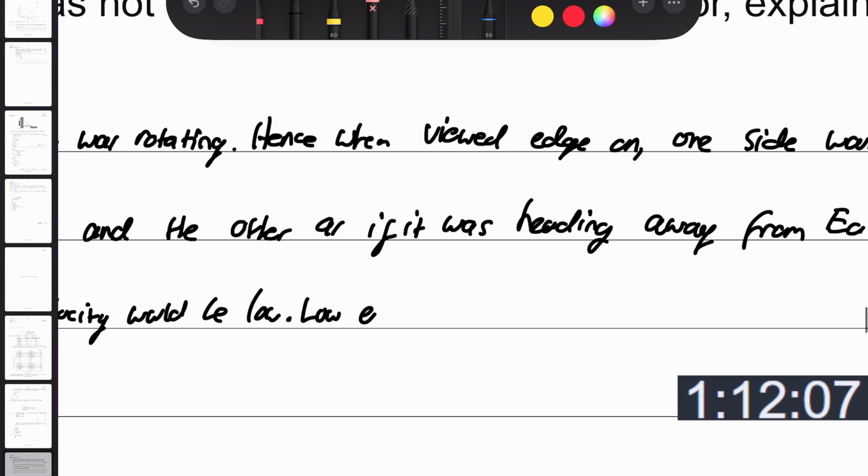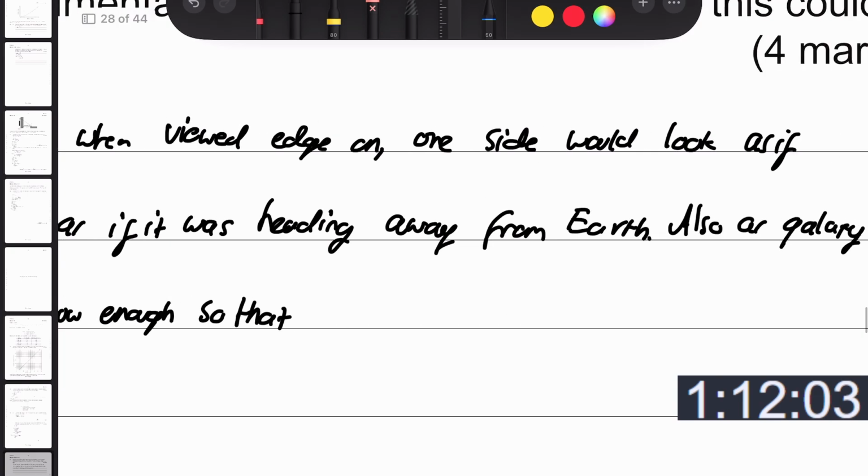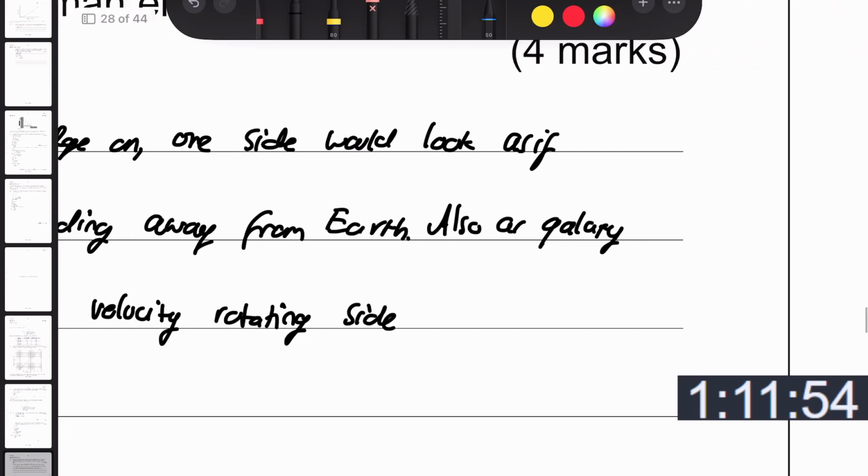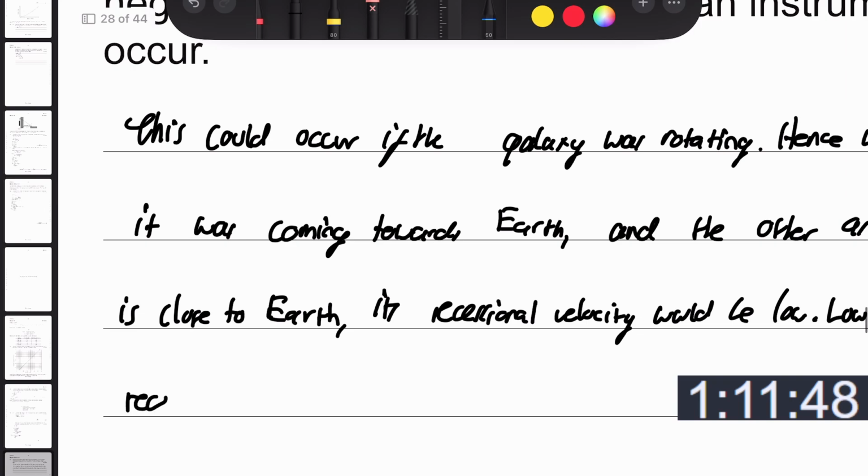Low, let's say low enough so that the velocity of the rotating arm toward Earth is greater than the recessional, thus appearing as if it's coming towards Earth.